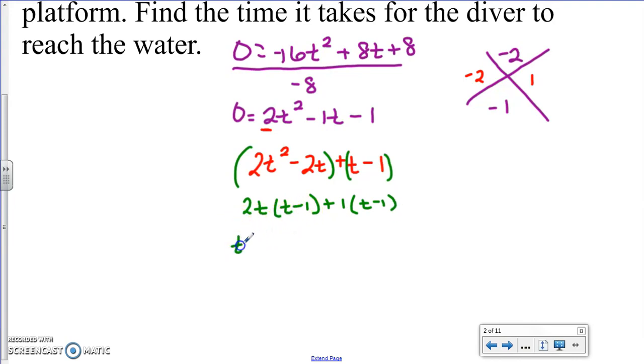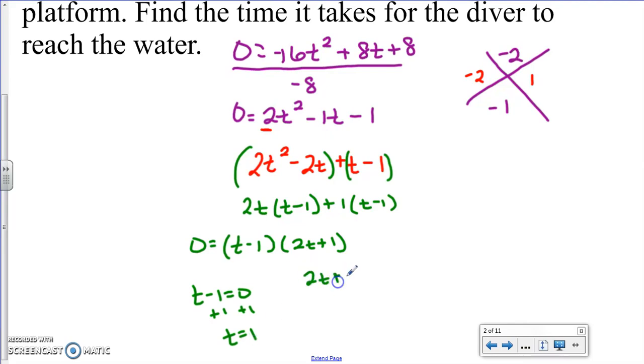My two groups match, so I have t minus 1 in the first parentheses and 2t plus 1 in the second parentheses. From here, I'm going to take each part and set it equal to 0. So I get t equals 1 for the first one, and t equals negative 1/2 for the second one.